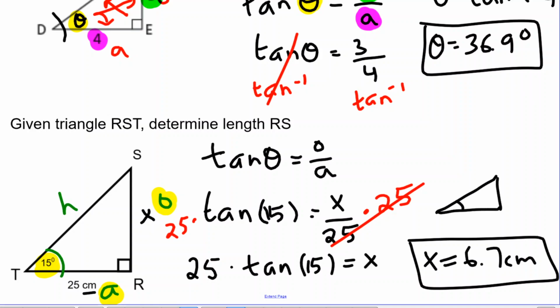It's a pretty small angle. It makes sense for the opposite side to be much shorter compared to the adjacent side. So it makes sense for us to have a value of 6 centimeters as my opposite when my adjacent is 25, much longer. So that's how we can find a side length when it's unknown and it's on the top of a fraction.